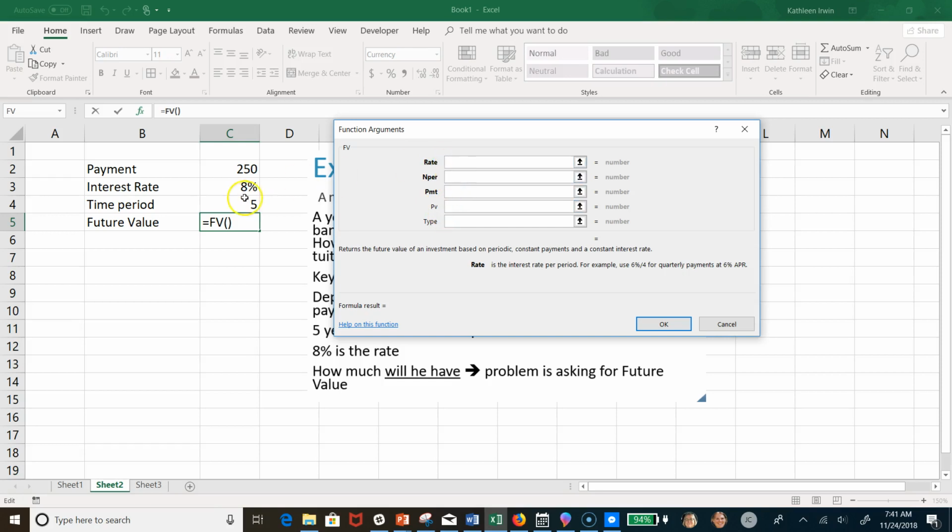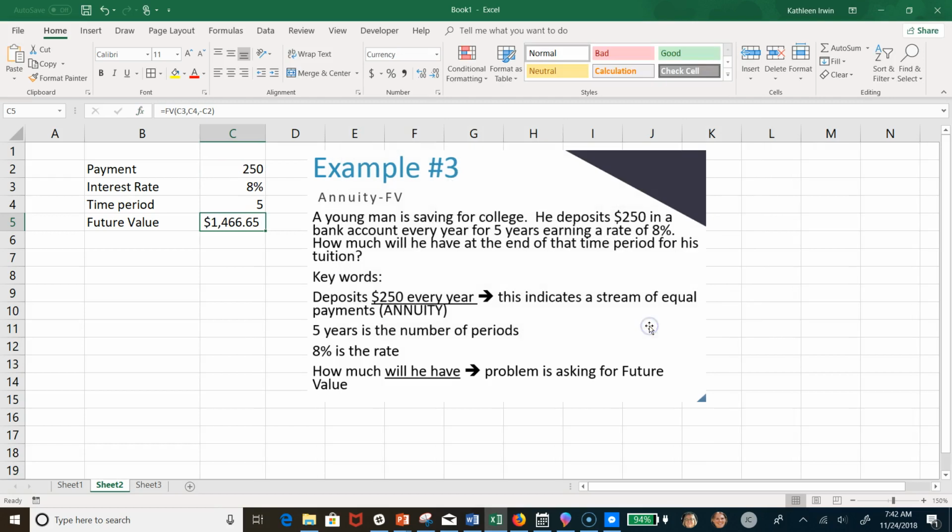We're going to click on our rate, so we want to click in the box here and click on 8%. We're going to click on our number of periods, 5. And this time we are going to click on the payment cell. But remember, we have to put this in as a negative. So we're going to click on negative first and then click on our 250. We've got everything in there that we need. We're going to click OK.